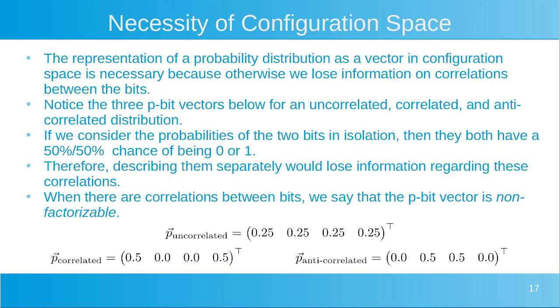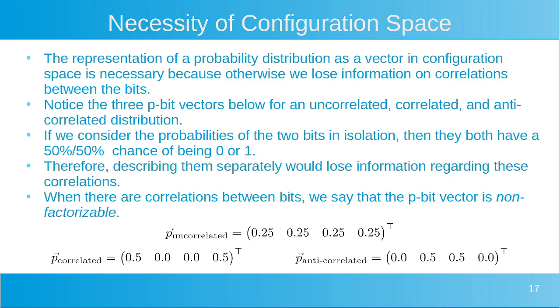So if you look at the bottom, there are 3 p-bit vectors. One describes a case where the bit values are entirely uncorrelated. The second p-bit vector describes a case where the bit values are perfectly correlated, so that the values are guaranteed to be the same for the 2 bits. And then the third one describes a case where the bit values are perfectly anti-correlated, meaning that they're guaranteed to have opposite values.